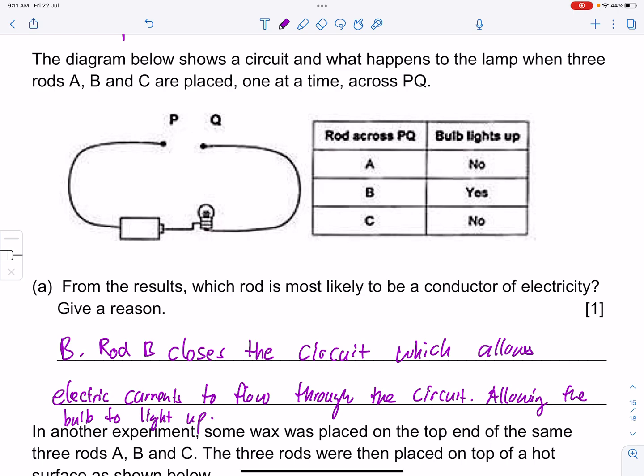So once again, CEO. Your C is here. Your E is here. Your O is the bulb lighting up.